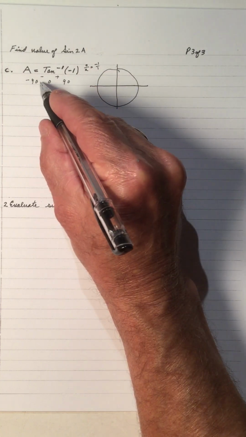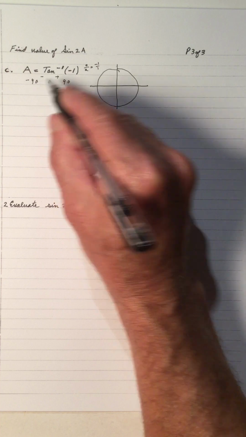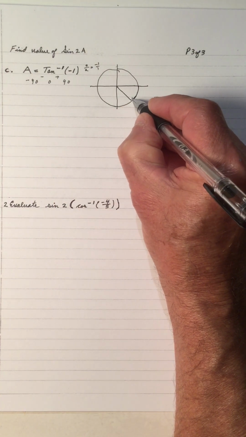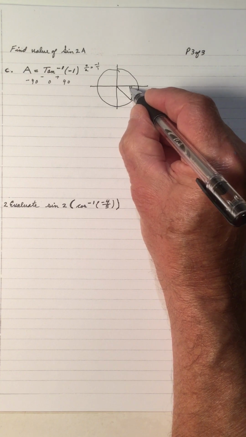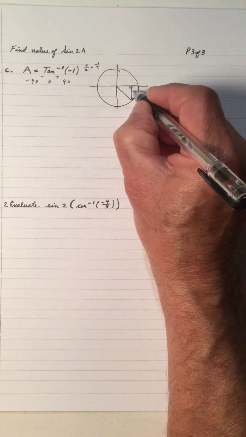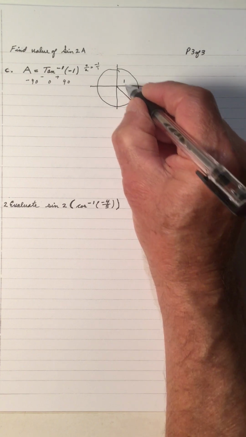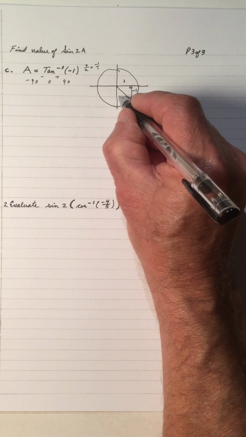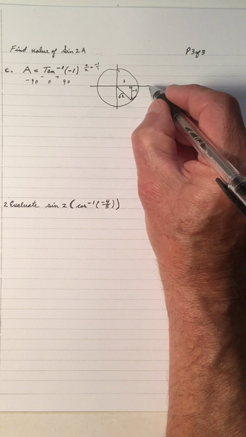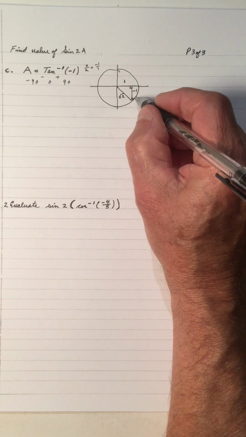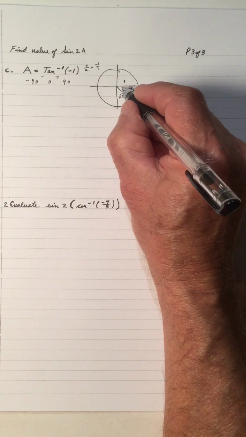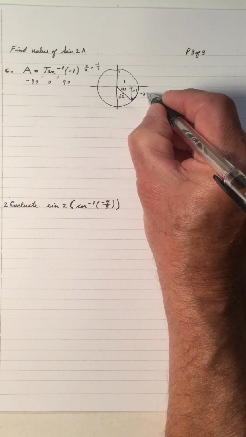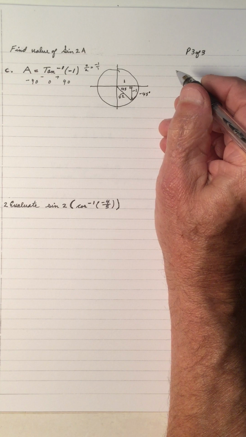But we're in a negative angle, so we're in this quadrant here. So opposite is negative 1 and adjacent is 1. Because these two sides are equal, this hypotenuse is root 2. And because these two are equal, this angle is 45. So the rotation here is negative 45 degrees.